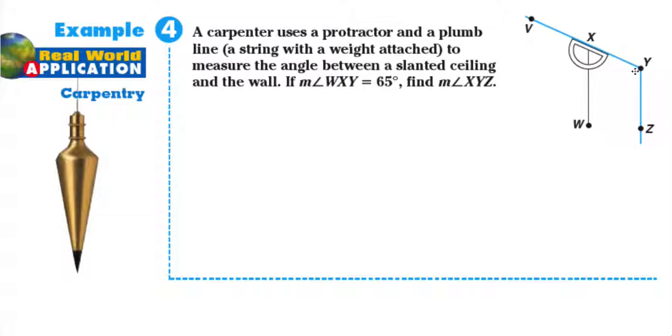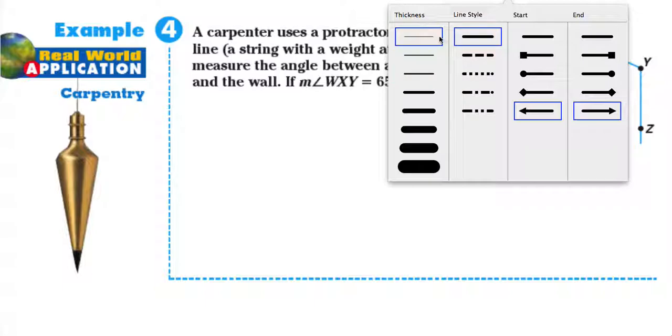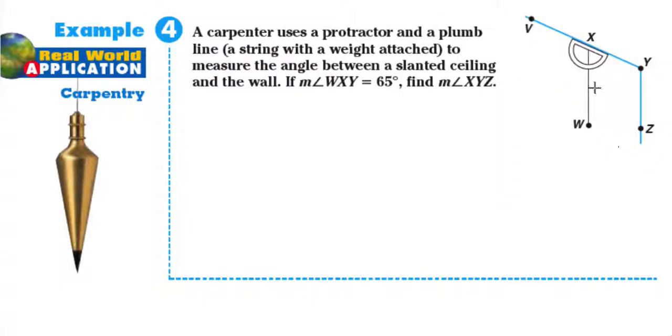Now if you notice right here, if I extend my line, let me extend it, put it in red. If I extend that line right there, and this line right here, I will have two parallel lines cut by a transversal.